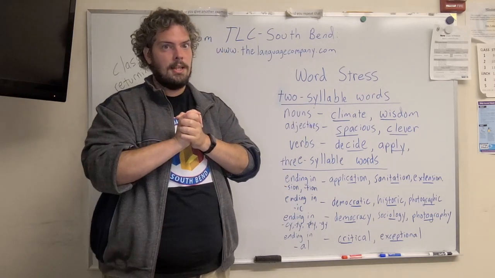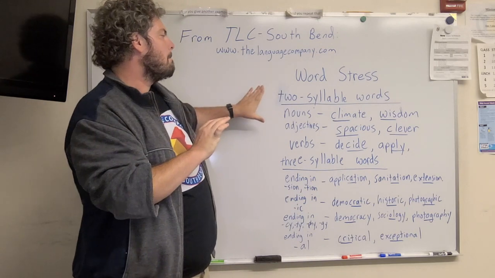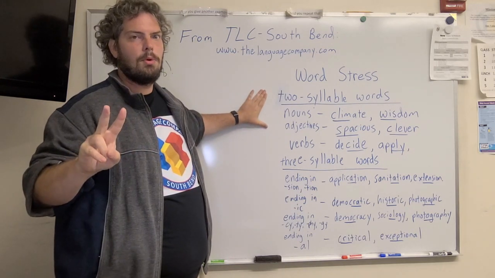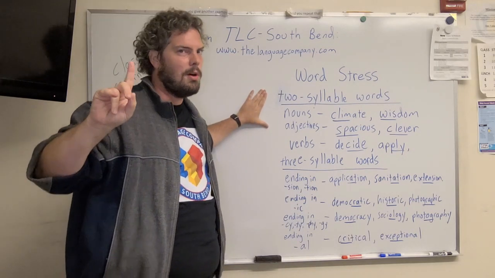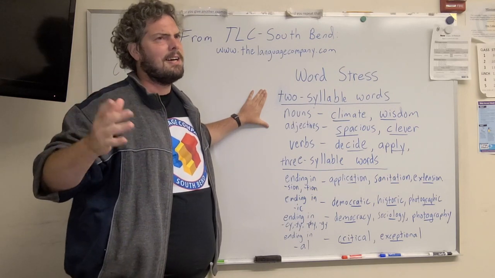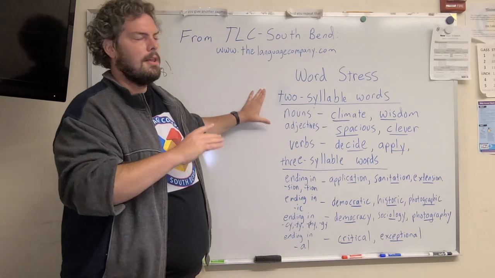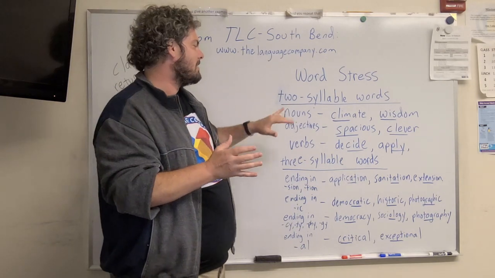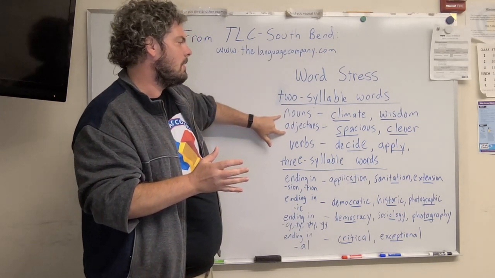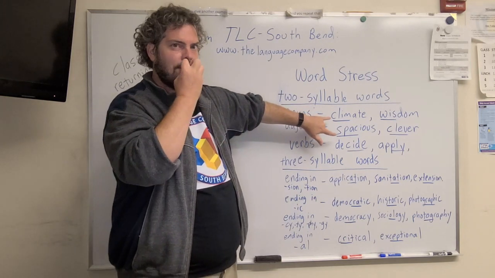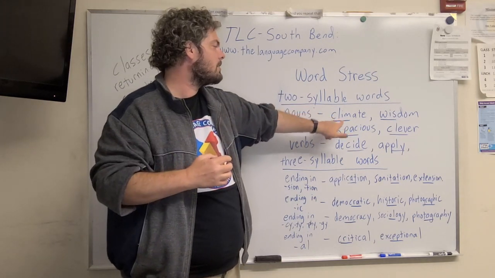So the first thing that we're going to talk about is basic understanding of 2-syllable words. Obviously, if there's only 1 syllable, it's pretty easy to understand the pronunciation. But with 2 syllables, there's a general rule that if it's a noun or an adjective, you're going to have the accent on the first syllable.